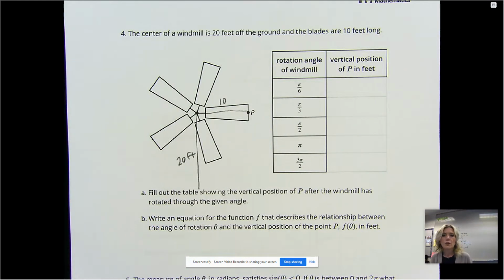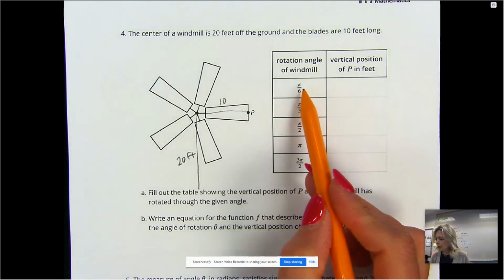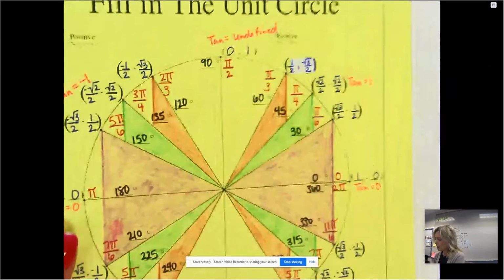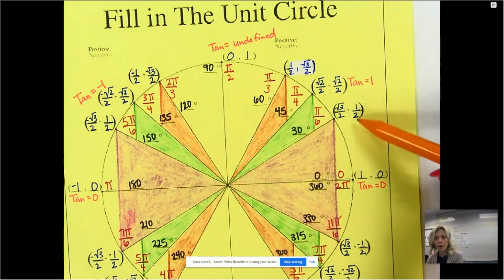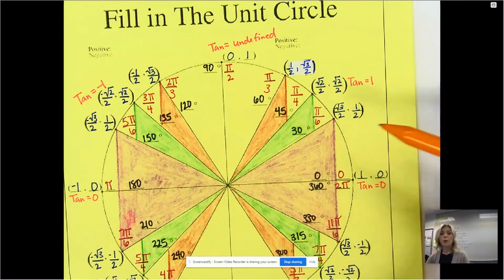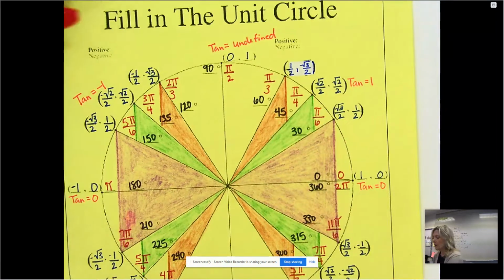Okay, for rotation angles of the windmill, and then the vertical position in feet, fill out the table. So there's a lot going on here. At pi over 6, the height is 1/2, but it's 1/2 of 10, okay?